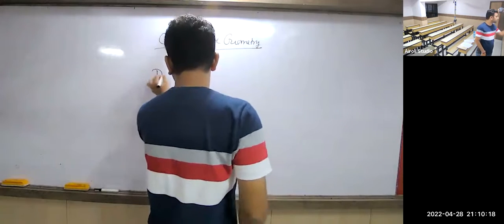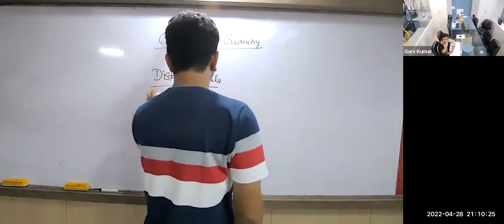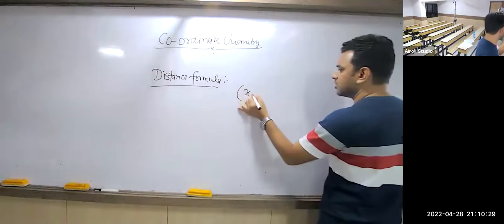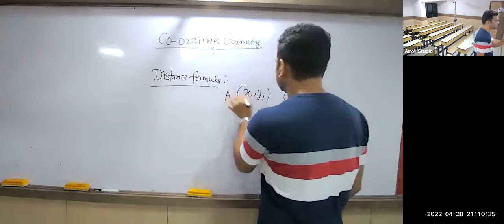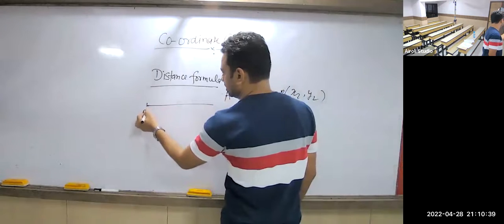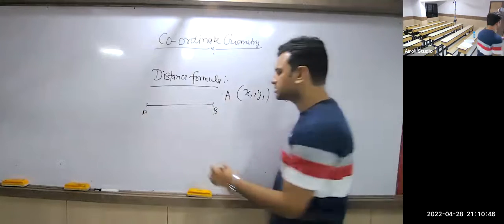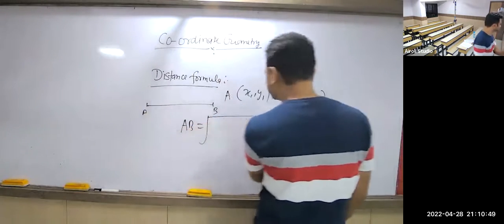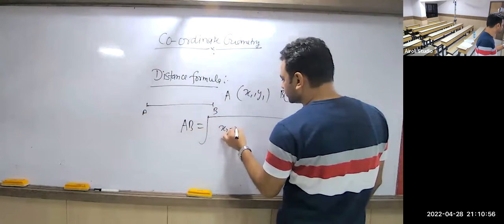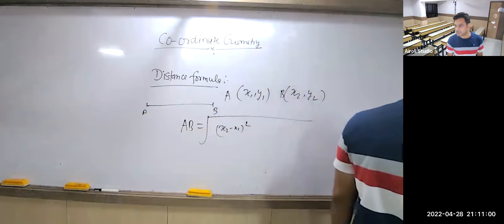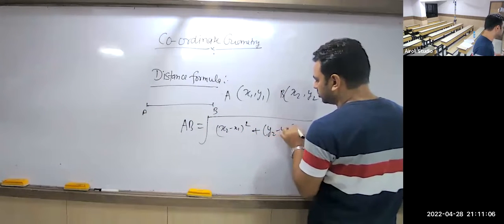The first concept is the distance formula. Do you know what the distance formula is? If I have one point (x1, y1) and a second point (x2, y2), let's say this is A and this is B, and I want to find the distance between points A and B. The distance AB will be the root of the difference between the abscissas, that is (x2 minus x1) whole squared, plus (y2 minus y1) whole squared.